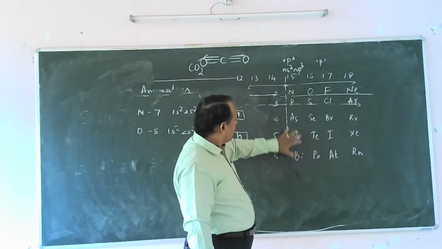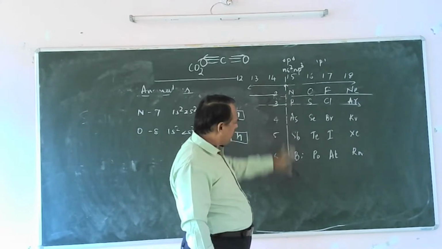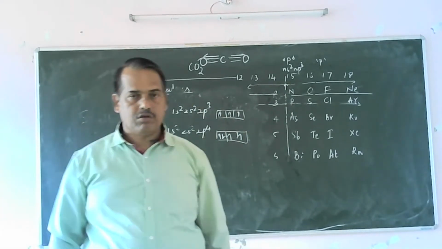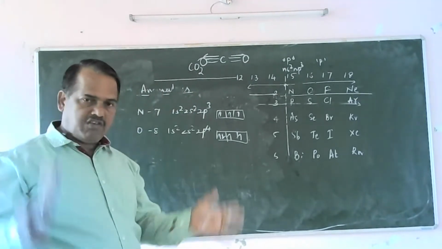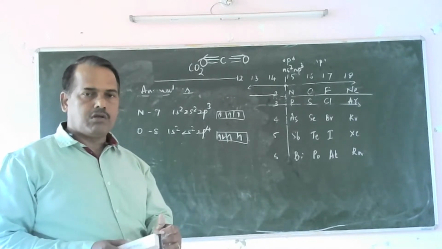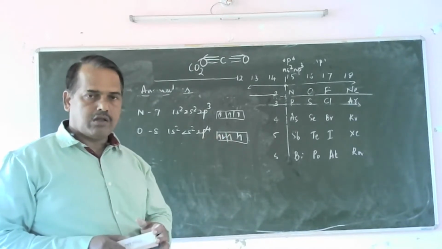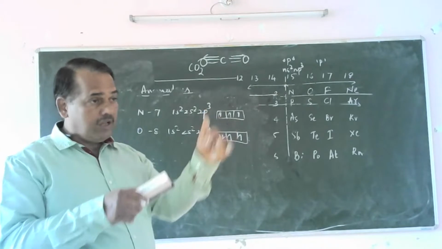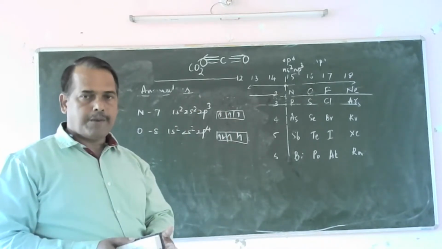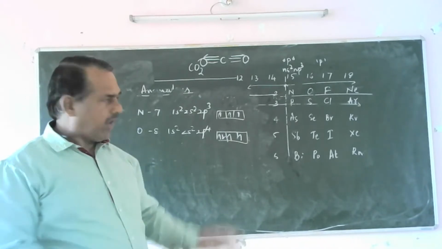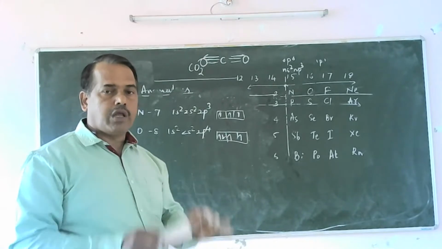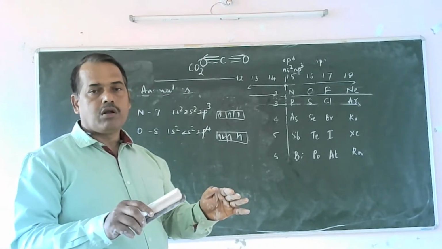So as you come down, electron gain enthalpy also decreases. Due to the increase in size, the outermost orbital contains a large number of electrons and inner core electrons are there, so it cannot readily receive electrons. Again, size increases. In group 15 elements, as you come down the group, electron gain enthalpy also decreases.